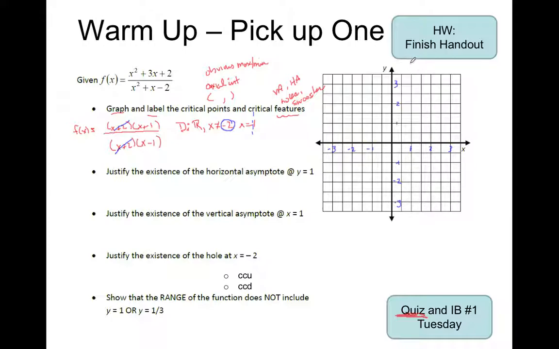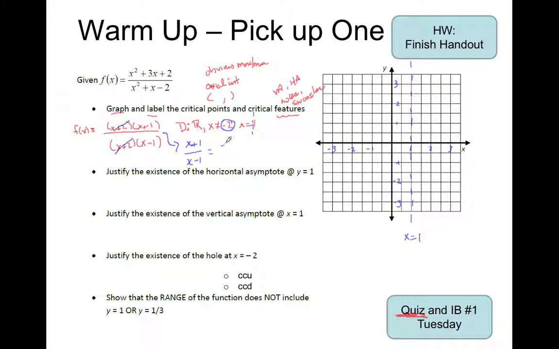So at x equals 1, I'm going to draw my vertical asymptote. And then I know at x equals -2 there's going to be a hole, right? So I'm going to say my cleaned up function is x plus 1 over x minus 1, and I'm going to use my cleaned up function and figure out where my hole is, right?